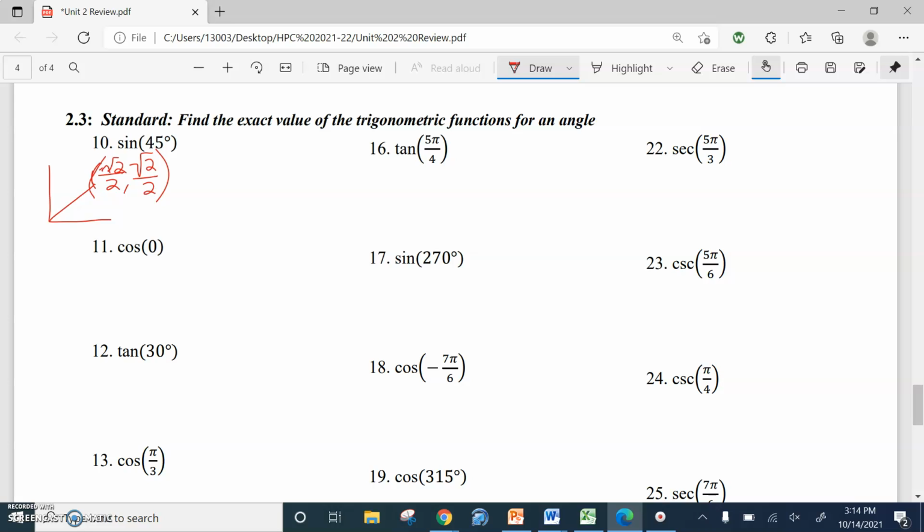Fantastic, right? What do we do with that? Well, sine is, well, if I drop that leg down, sine of this angle 45 is the opposite right here, which is, let me do this instead.